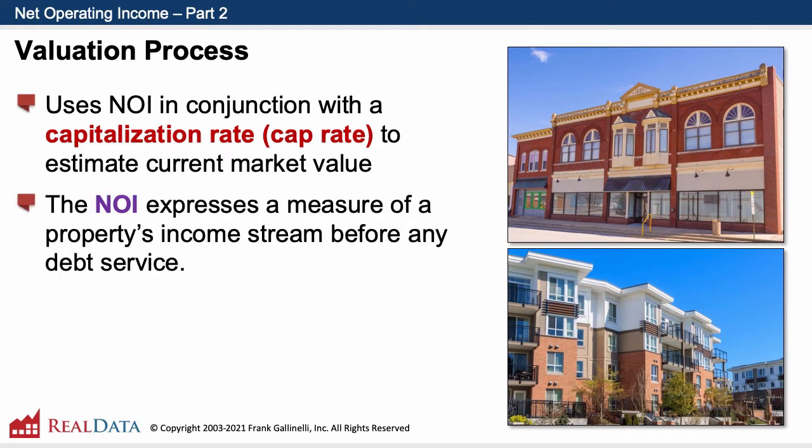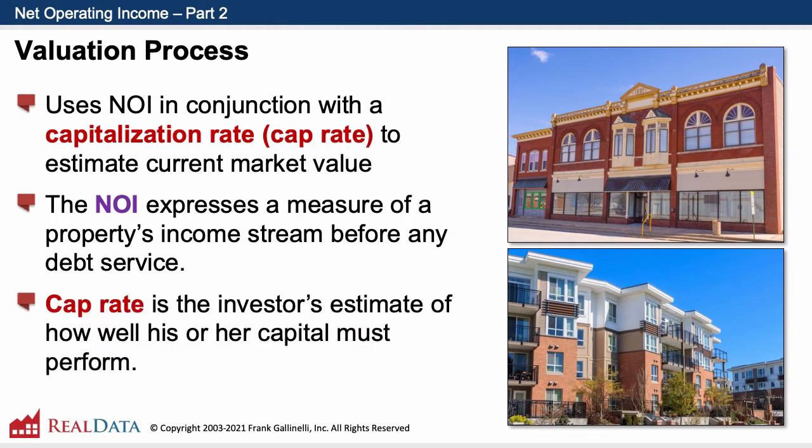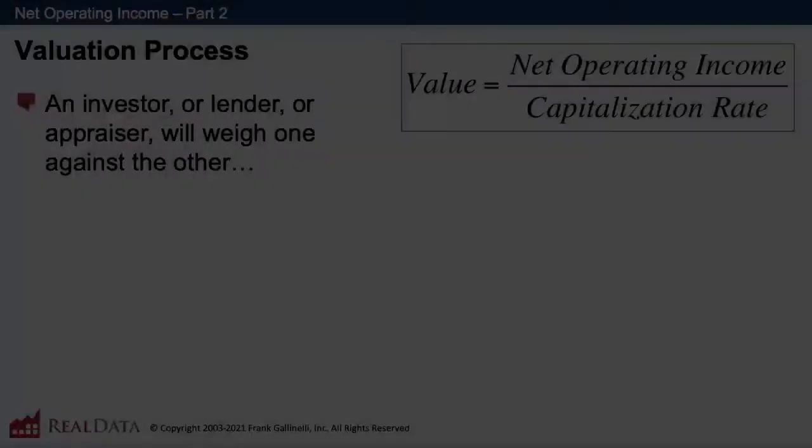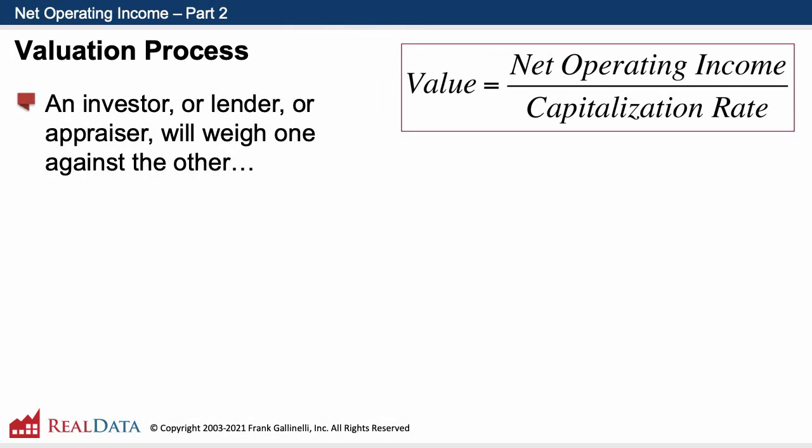The NOI expresses a measure of a property's income stream before any debt service, while the cap rate is the investor's estimate of how well his or her capital must perform. An investor or lender or appraiser will weigh one against the other, as in this formula, to estimate current market value.